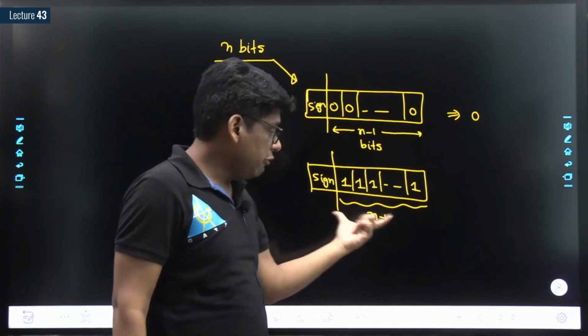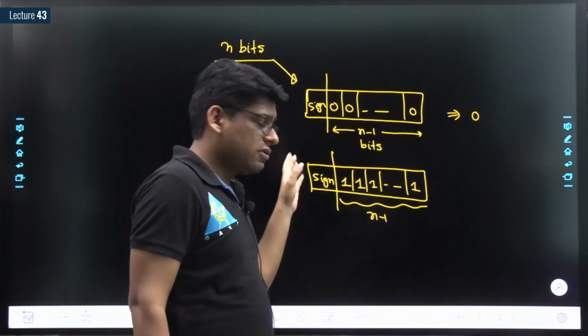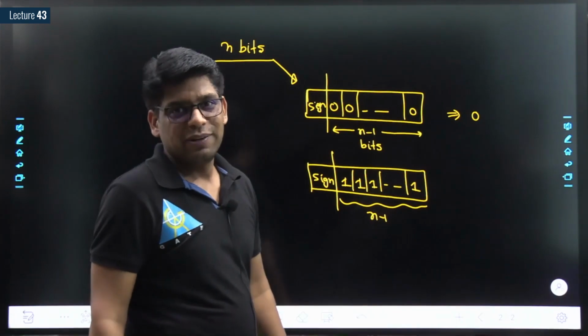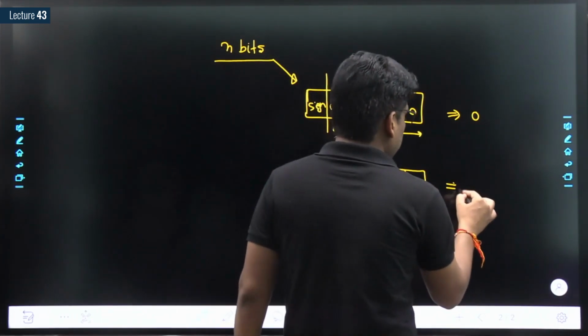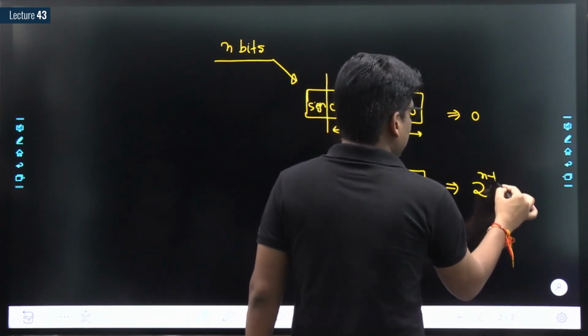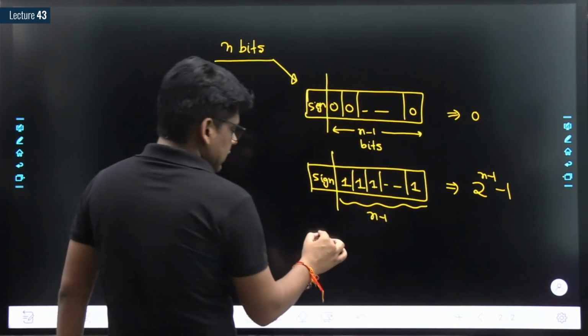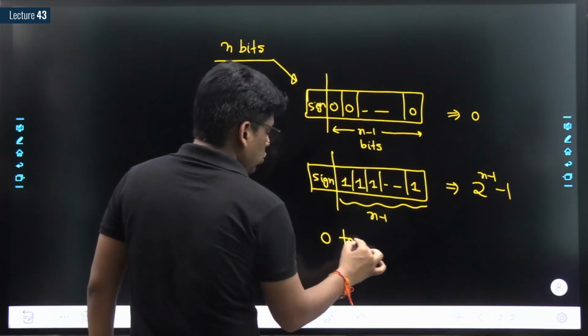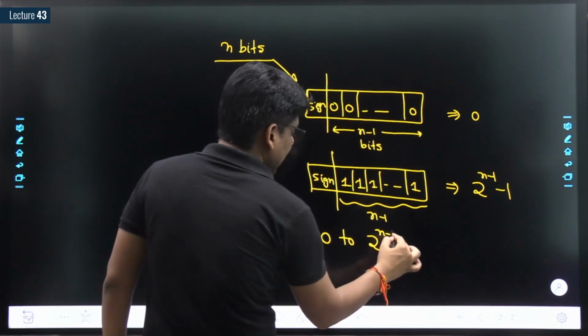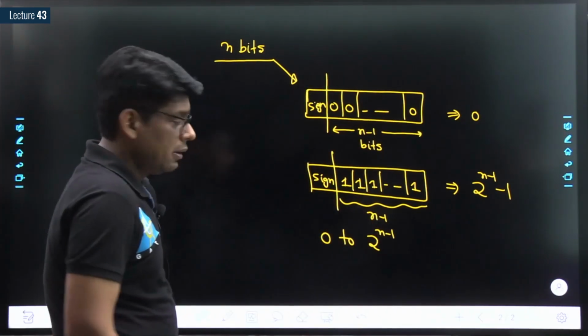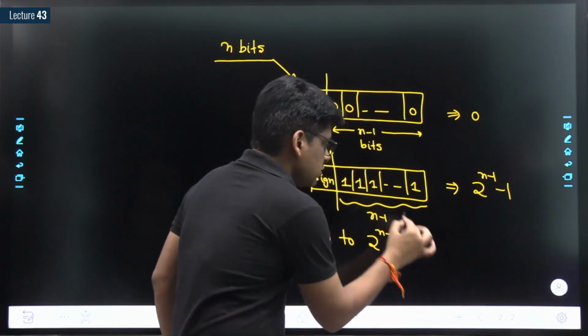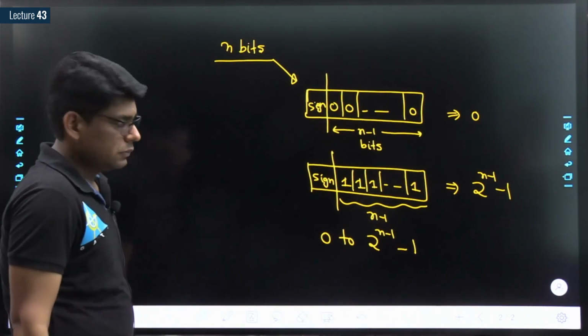Now we have n minus 1 contiguous 1s. So what is the value? The value will be 2 to the power n minus 1, minus 1. So what is the range of positive numbers? It is nothing but 0 to 2 to the power n minus 1, minus 1. Done.